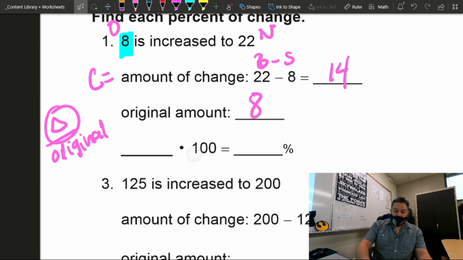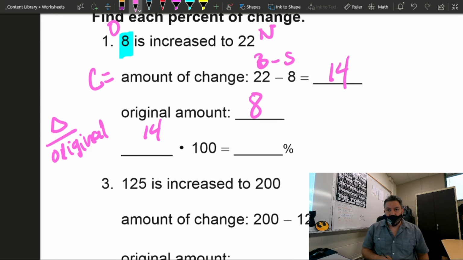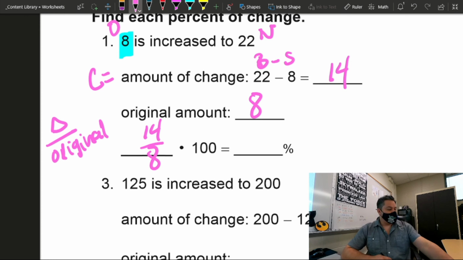So, the amount change divided by the original. We already established that the amount change is 14, and my original is 8. So we have the fraction. At this point, you have two options. You can either simplify that fraction or you can do TiVo. Whatever you want to do is going to give you the answer.